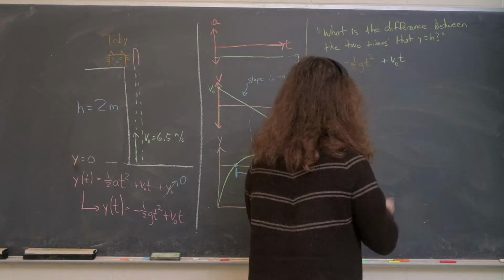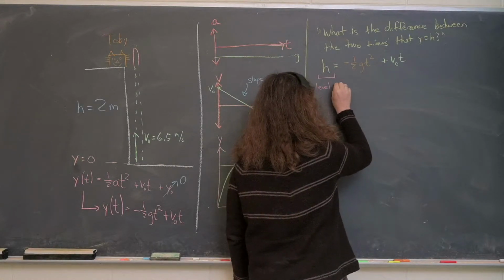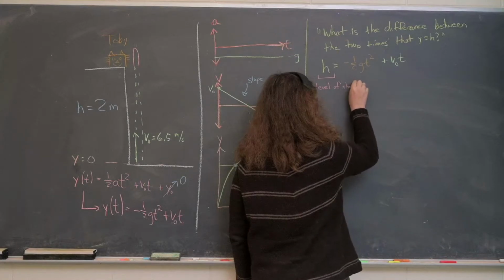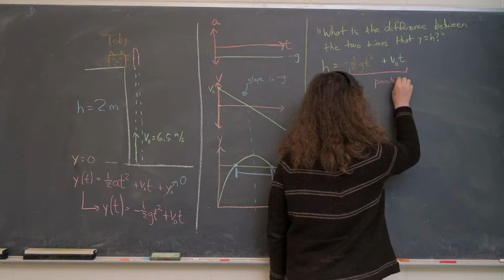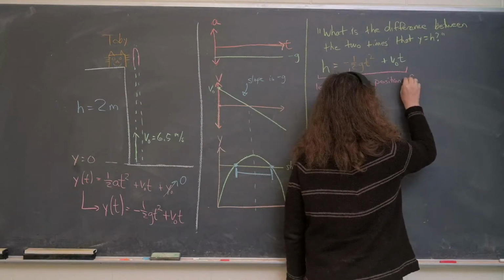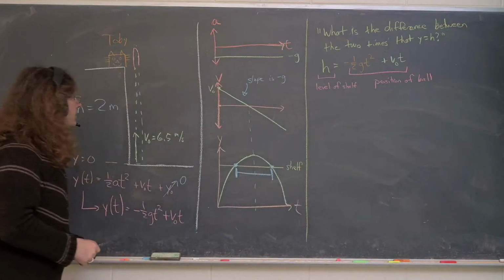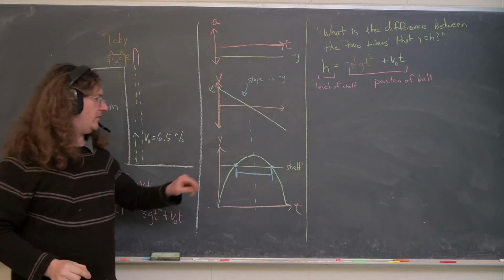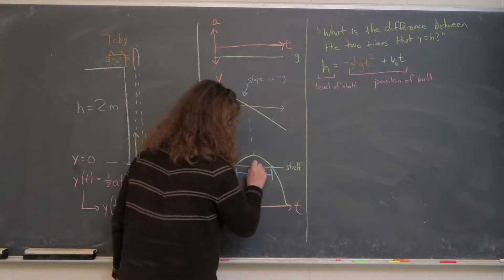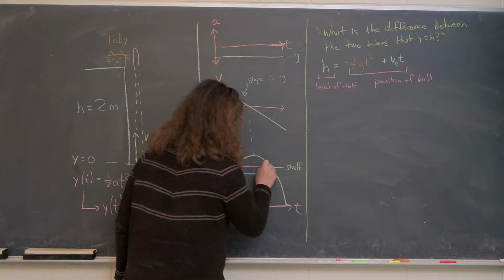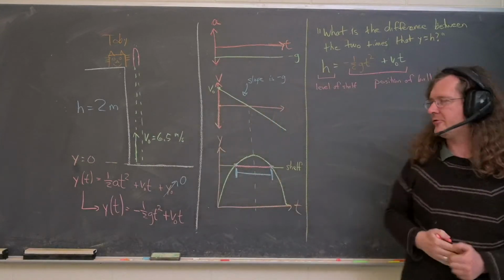So h here is the level of the shelf, and this is the position of the ball. So I know that, again, my graph guides me to this. There are 2 points in which the ball goes over the shelf, and what I seek is the difference between them. Now, if you have experience with algebra, you probably already know how this is going to go.